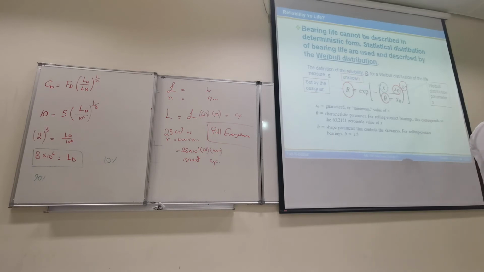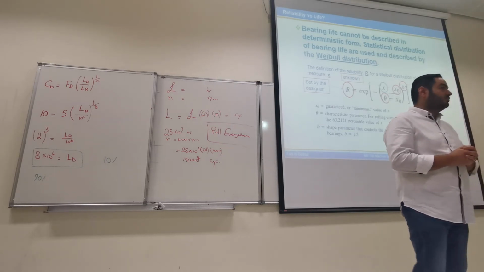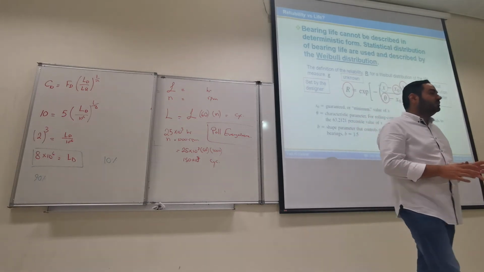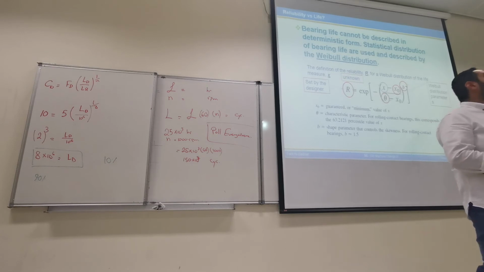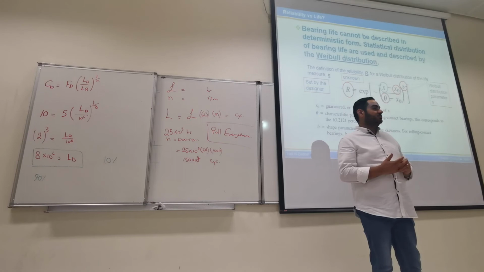Or in case the first one fails, the second quickly will turn on. There are some pumps that are standbys. Why? They cannot stop the production. Exactly, you cannot afford to stop the production.